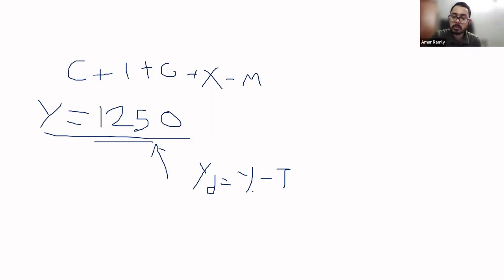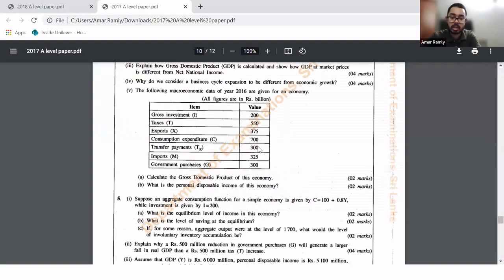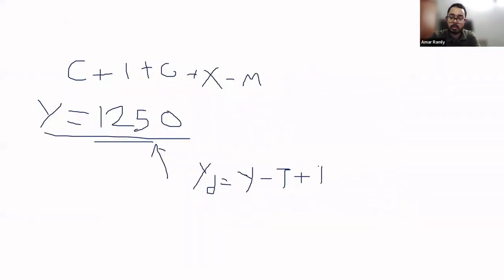But guys, what you have to realize is the government is not all bad. It's not just that they're taxing you and not doing anything for you. They also provide you with certain benefits, and that adds to your income, guys. Transfer payments. So essentially, what do you do here? It's 1,200 minus 550 plus 300.